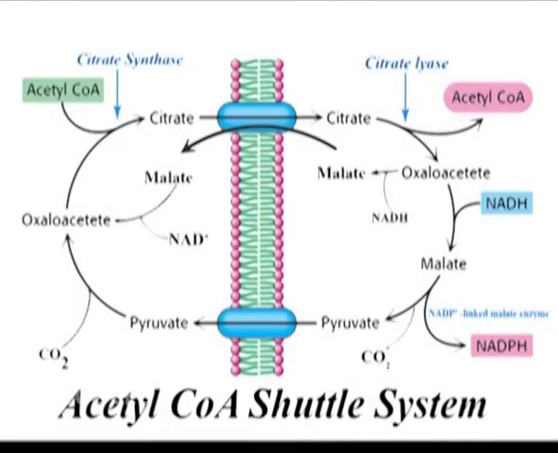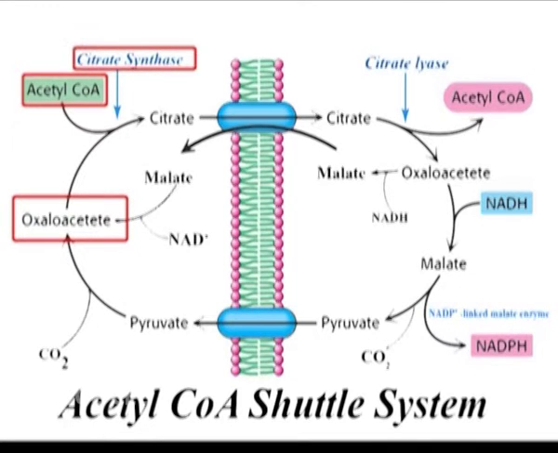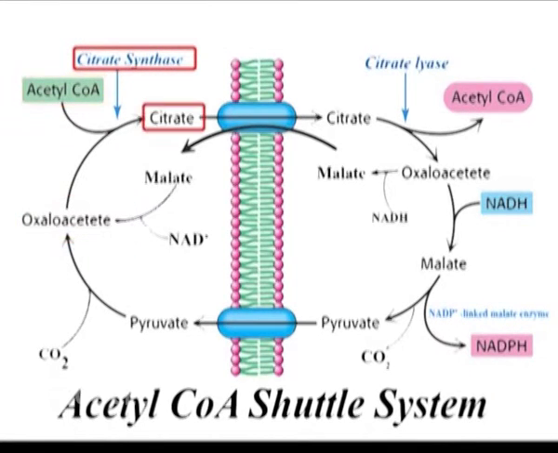So, it requires a special shuttle mechanism called the acetyl-CoA shuttle system. In it, acetyl-CoA is first combined with oxaloacetic acid in the presence of the enzyme citrate synthase to form citrate, which can readily cross the mitochondrial membrane.